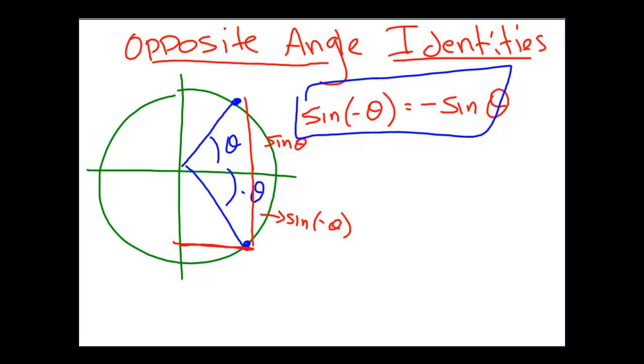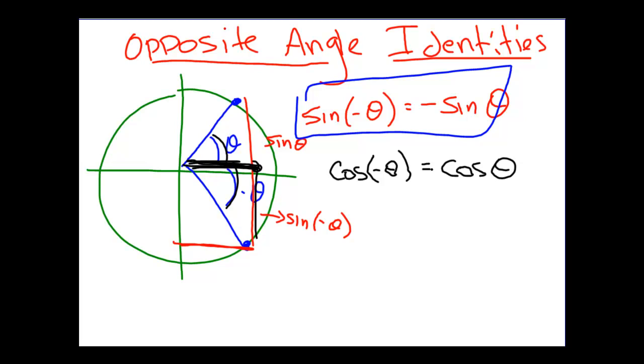The opposite angle identity for cosine looks a little bit different. If I take the cosine of a negative angle, that's going to be this value right here, right? The cosine value is the x-coordinate on the unit circle. And notice that that's the same whether I'm talking about a negative angle or a positive angle. Both of these are going to have exactly the same value. So here we would say that the cosine of a negative angle is the same as the cosine of the positive angle.